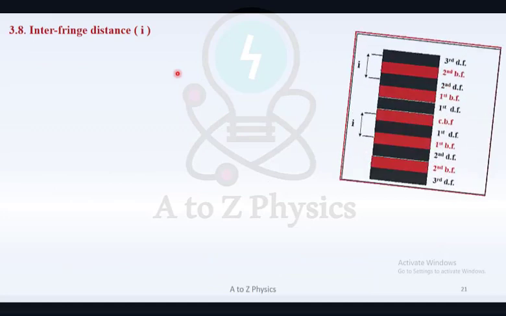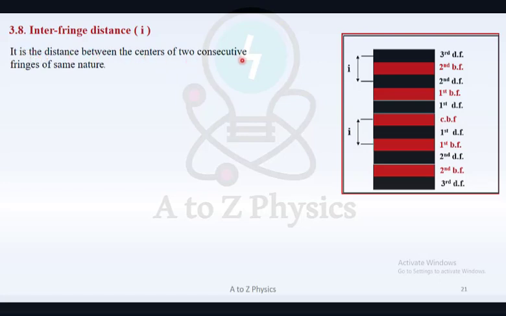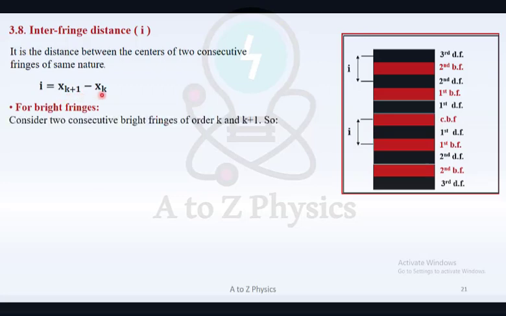In this part, we are going to define and determine the expression of the interfringe distance. By definition, the interfringe distance is the distance between the centers of two consecutive fringes of the same nature. The expression of i equal x(k plus 1) minus xk. For a bright fringe, xk equal to k lambda D over a, and x(k plus 1) equal to (k plus 1) lambda D over a.